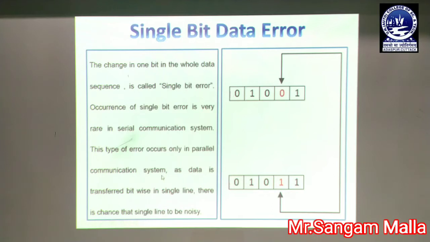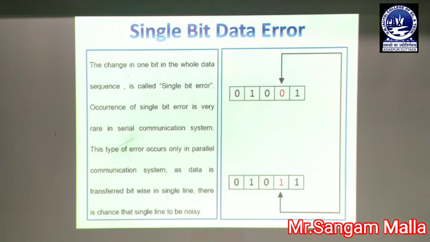As we have discussed, single bit error is widely found in parallel communication systems. As data is transferred bitwise in a single line, there is a chance that the single line may be noisy. In parallel communication, as we know, there are parallel data lines and each data line has the capability of sending data in a single line.